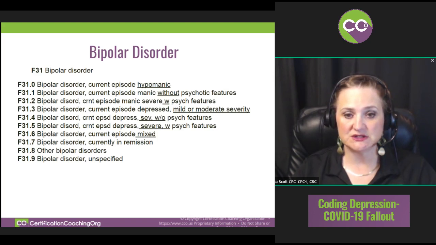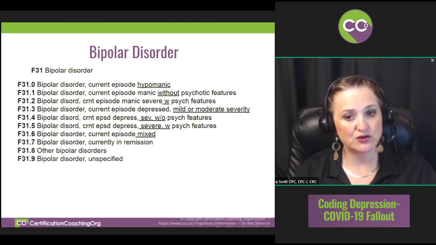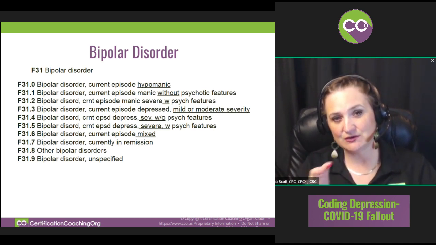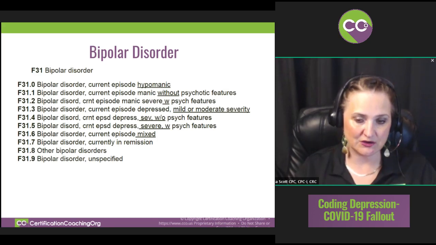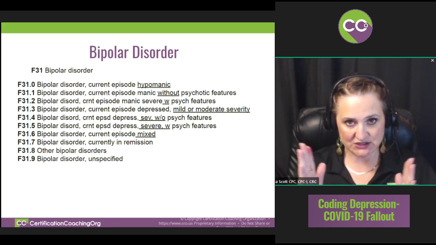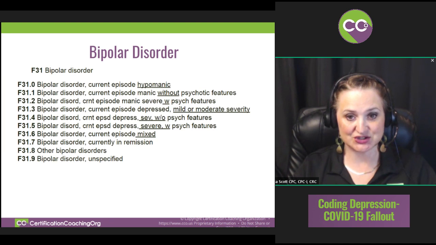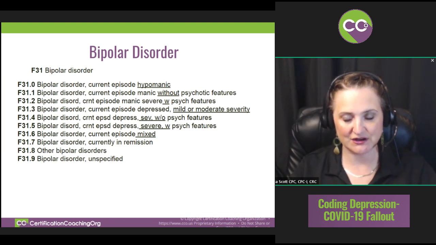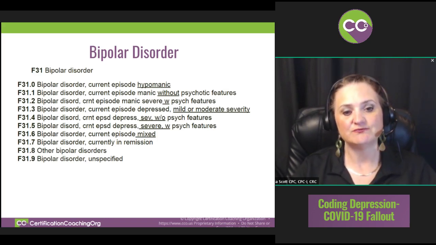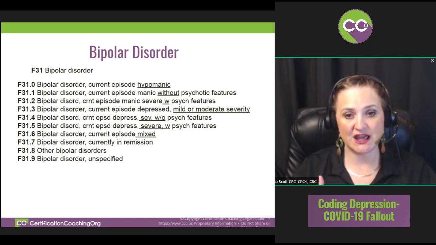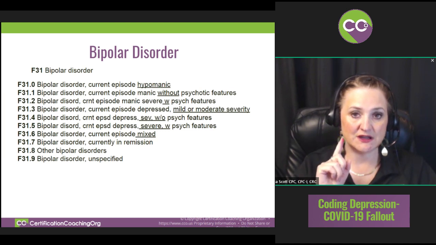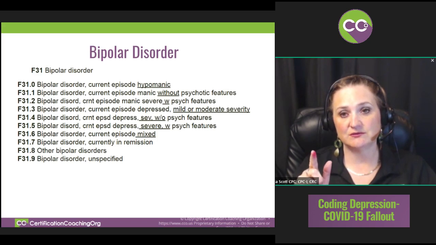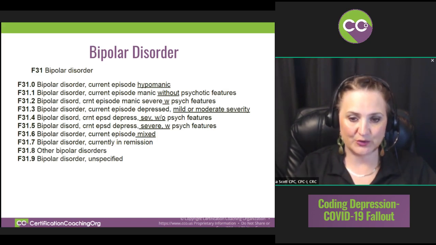F31, same thing. However, whenever they put these in, when you look at an encoder, they shorten the wording up, and I was trying to save as much space on these slides, whereas I use a W for with and a slash S for without.